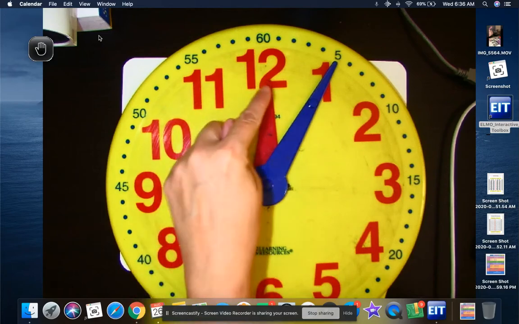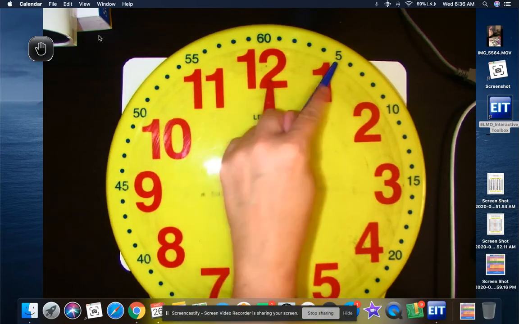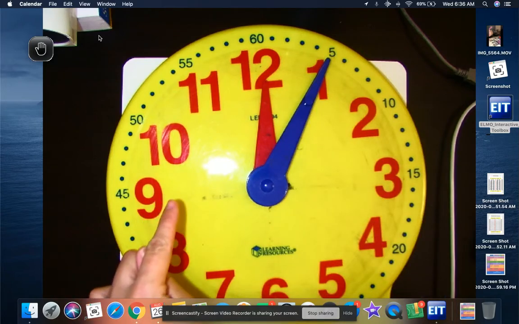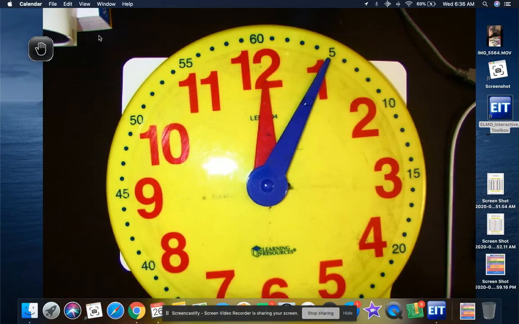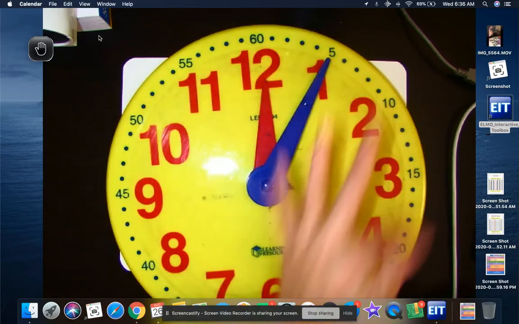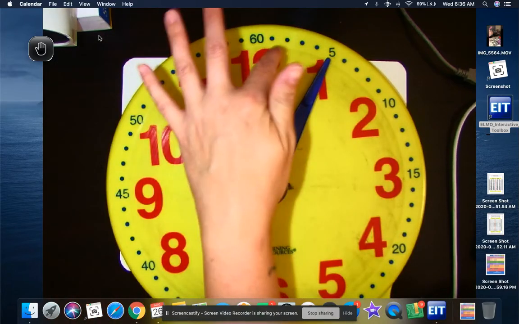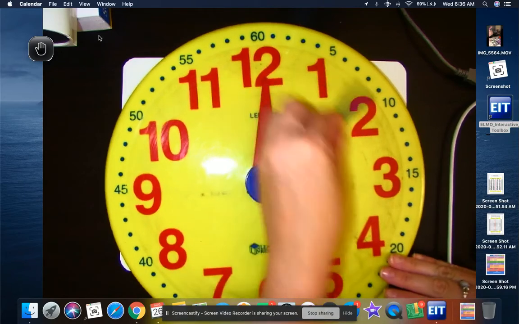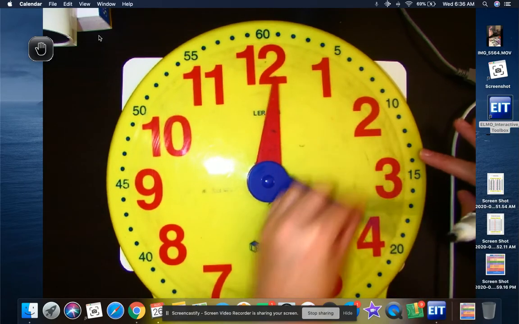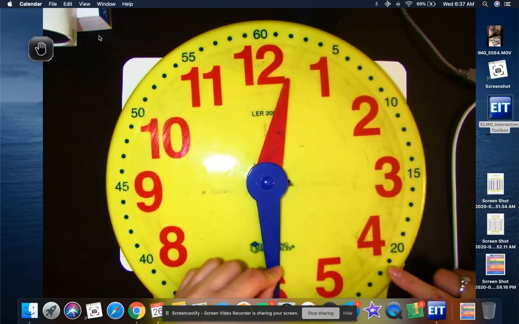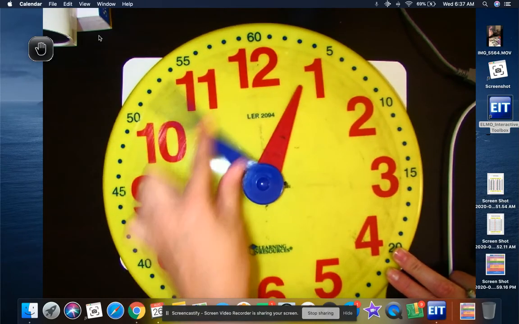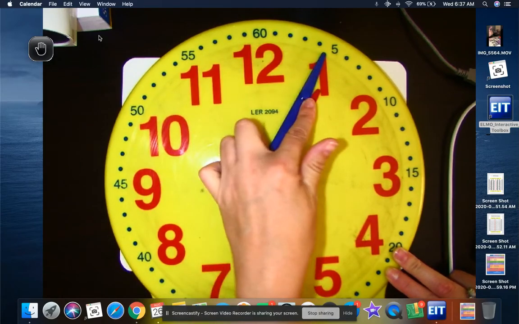I have my clock set up for 12:05, and I want to jump an hour on my number line. What that means is that I'm going to go all the way around the clock, and an hour means 60 minutes. So I can show you 5, 10, 15, 20, 25, 30, 35, 40, 45, 50, 55, 60.